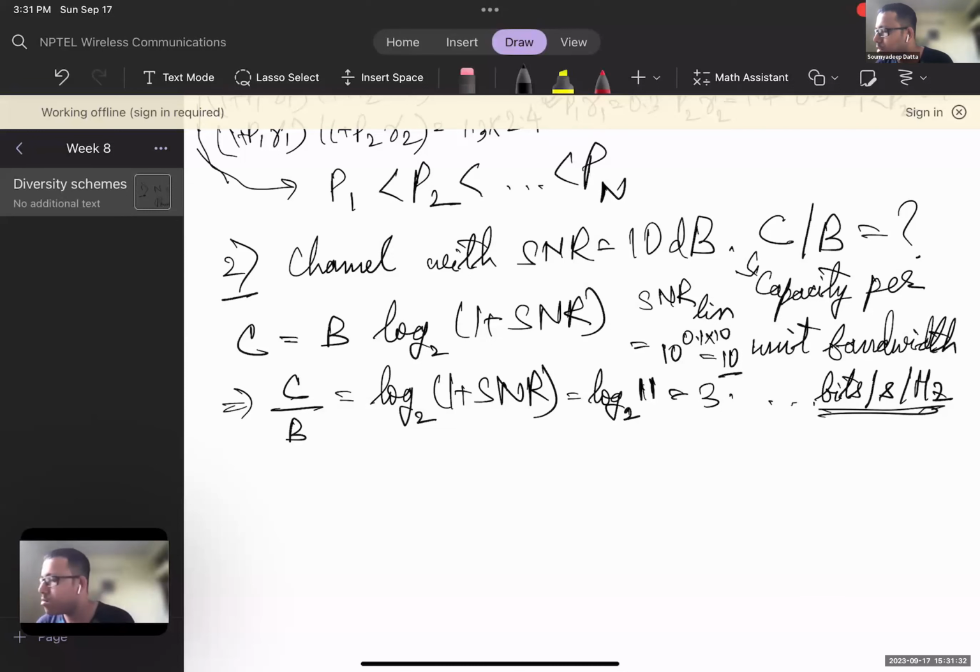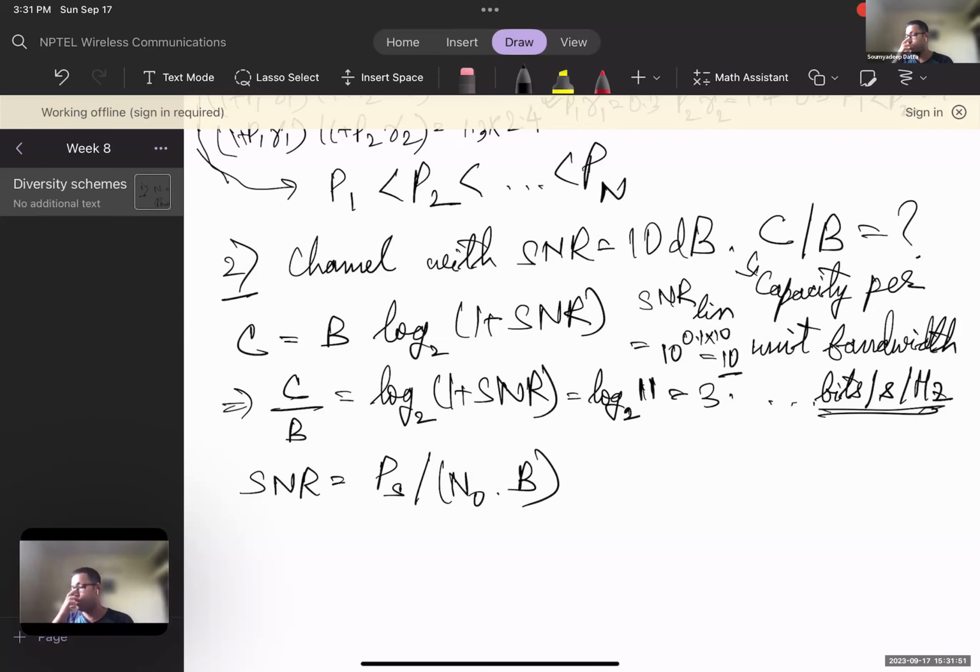And just to be clear, the formula for SNR is signal power, let's say there is no interference, divided by noise variance times the bandwidth.